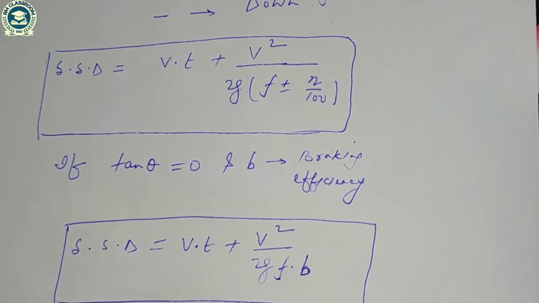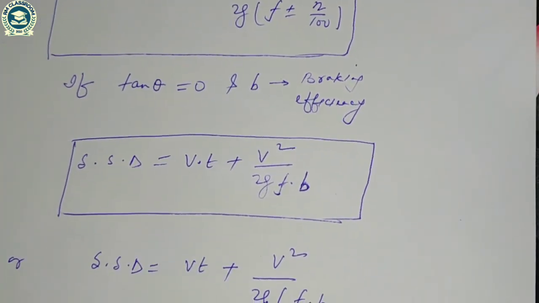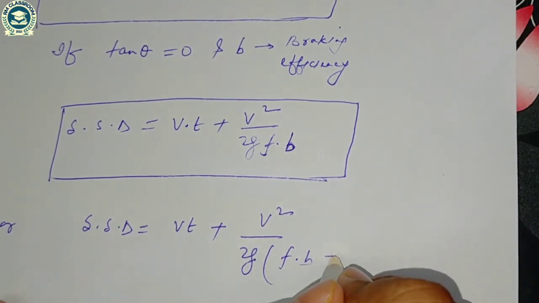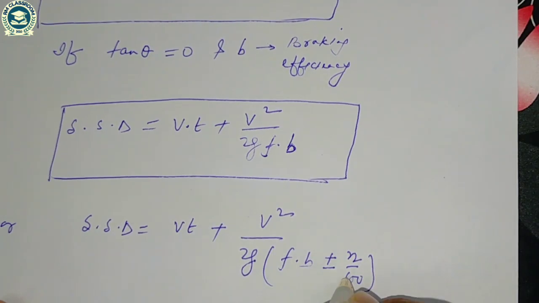Or we can write, if tan theta is not equal to 0, stopping sight distance is equal to Vt plus V square by 2G F into B plus minus n by 100.